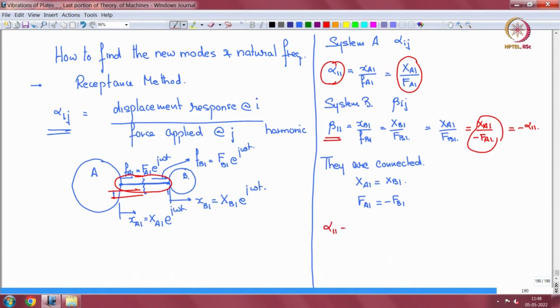Alpha 11 plus beta 11 must be equal to 0. This is a very important equation. This is the equation which will give you the new natural frequencies, and from there the mode shapes.